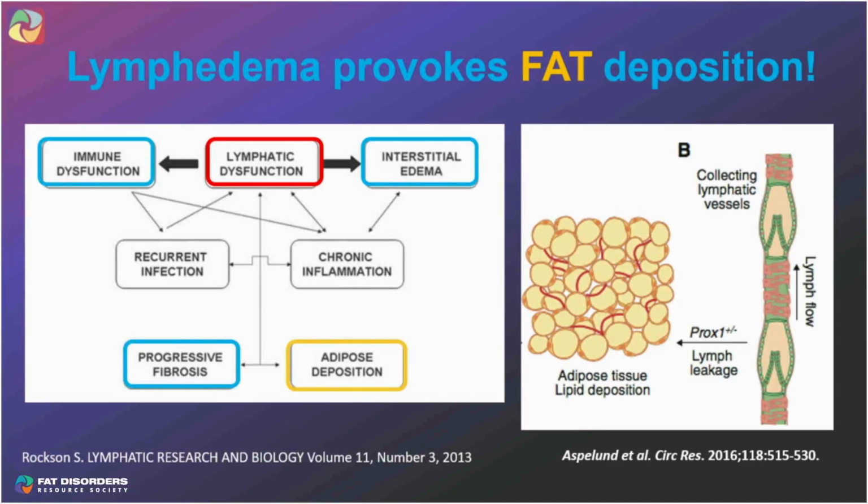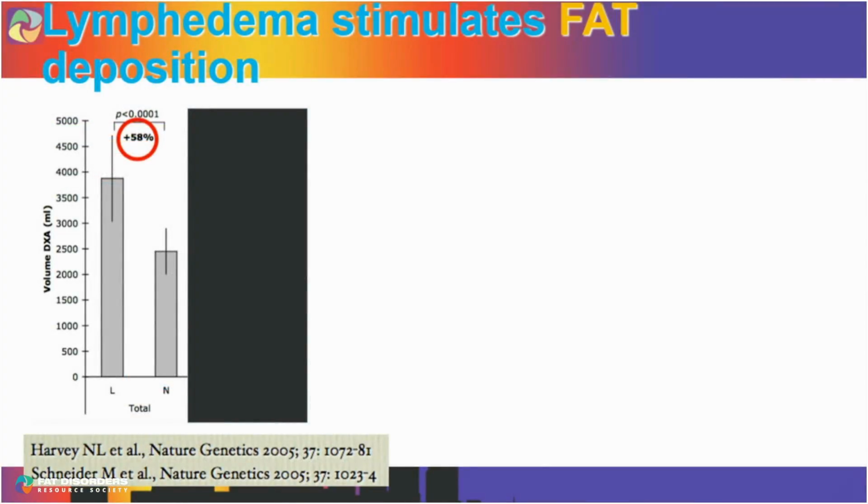There's a schematic here just showing that unabated lymphatic leakage stimulates adipose tissue lipid deposition. And here's a bar graph from a 2005 reference, what I thought was revolutionary because still nobody was aware of this at the time. Now there's beginning to be more of an awareness of this association.